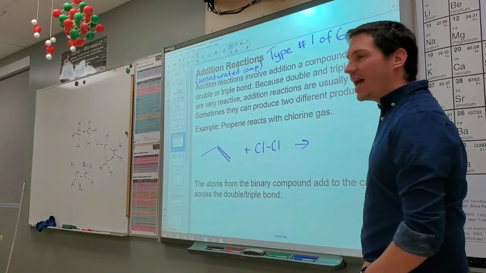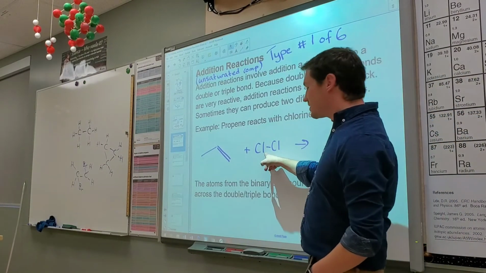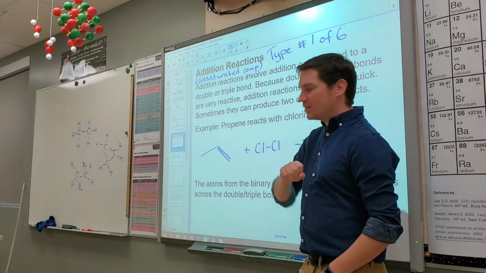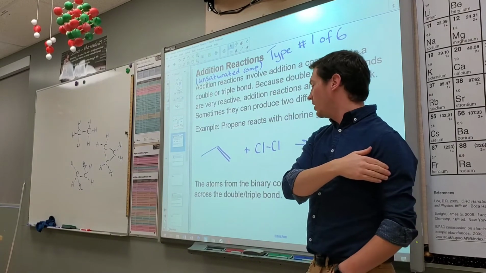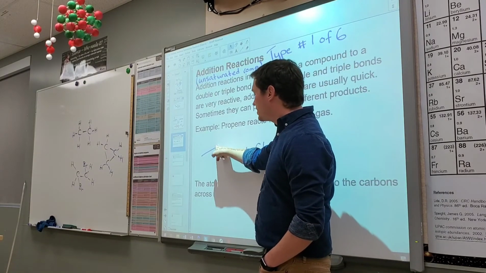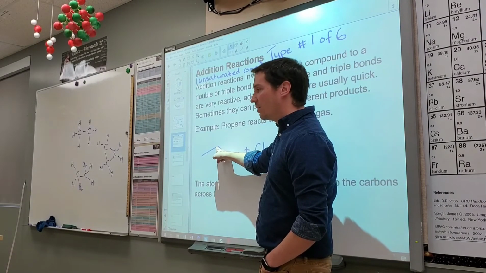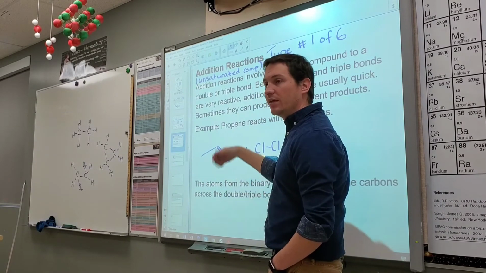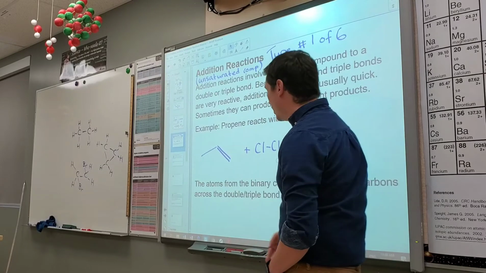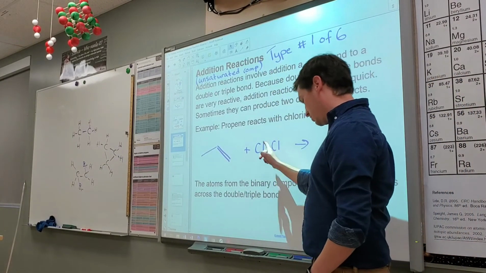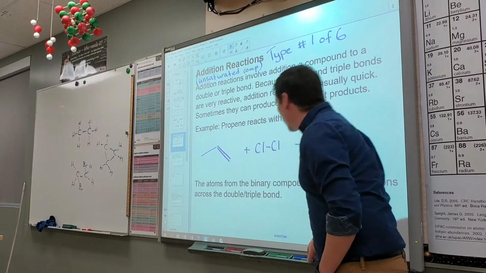Okay, what's going to happen is this chlorine breaks that double bond. It tears that double bond apart, okay? So all of a sudden, something's missing from the second carbon and something's missing from the first carbon. Do you agree? There's a lack of bonds there. What could we attach to those lack of bonds? We could attach some chlorines.